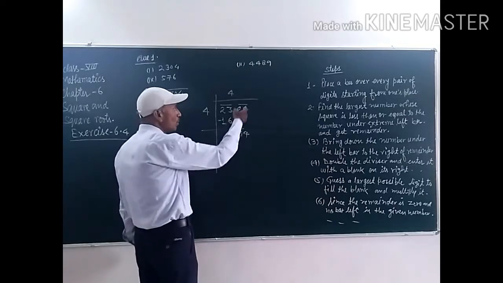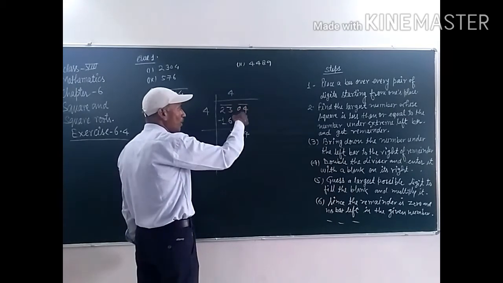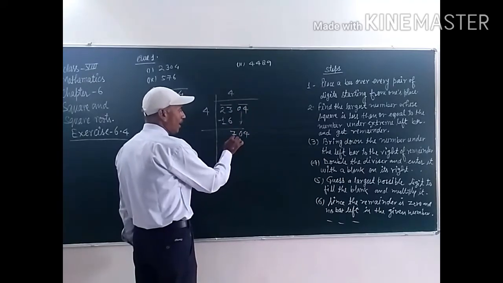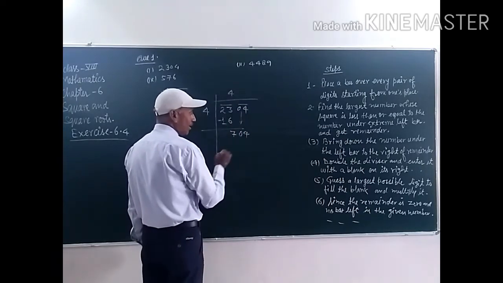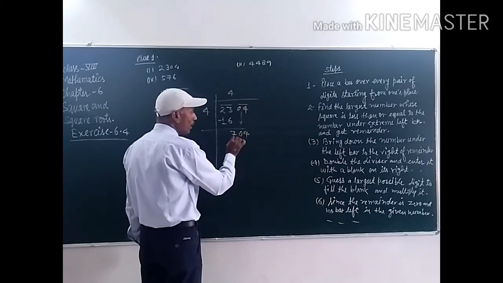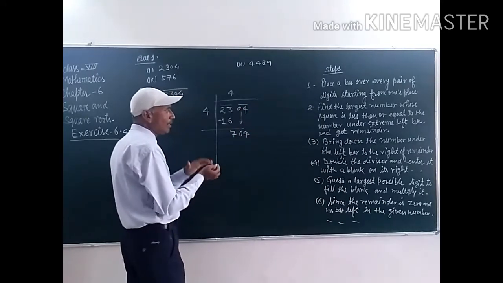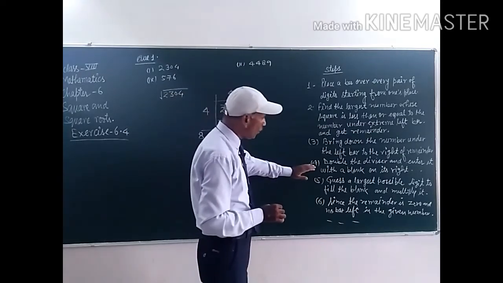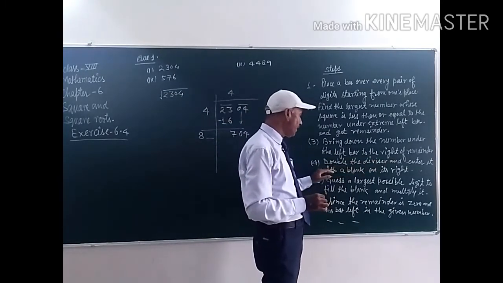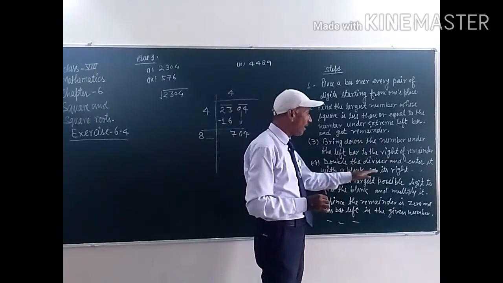So we have put down the number under the second bar next to the remainder. The remainder is 7 and next to it is 04. Now the number is 704.